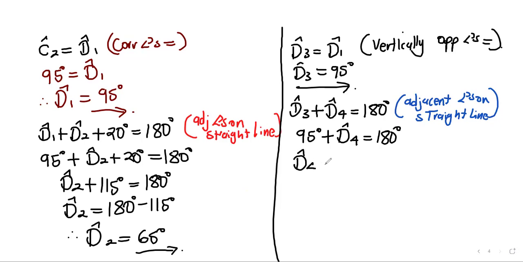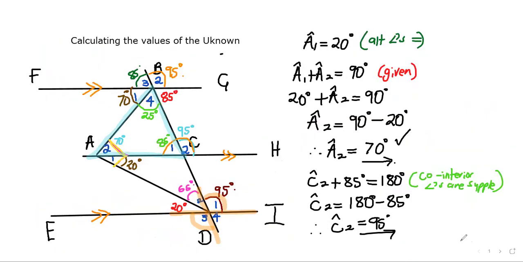Then D4 is equal to 180 degrees minus 95 degrees. Therefore, the size of angle D4 is equal to, let's now subtract 180 minus 95. That's 85 degrees. So we got 85 degrees.